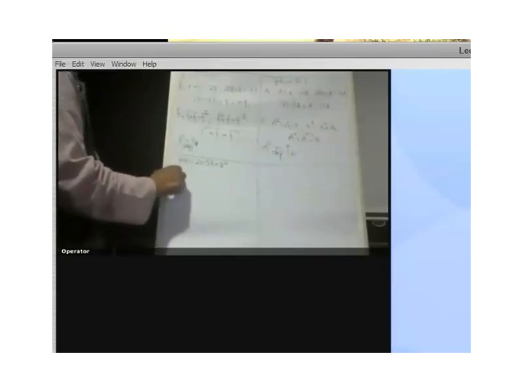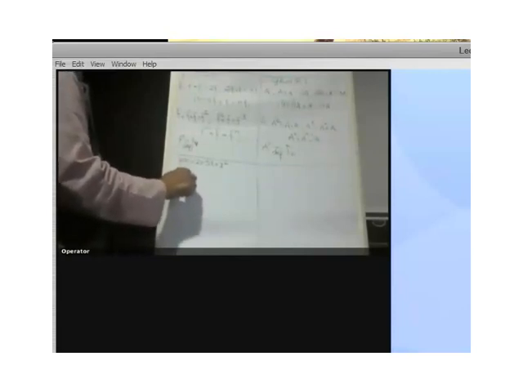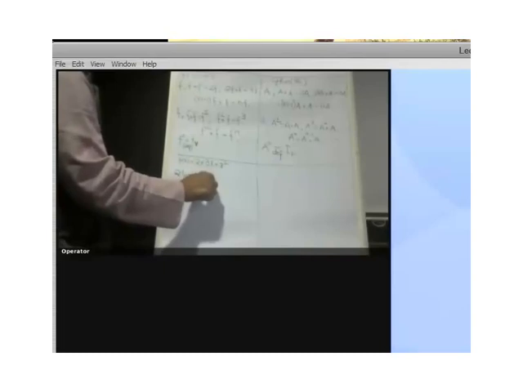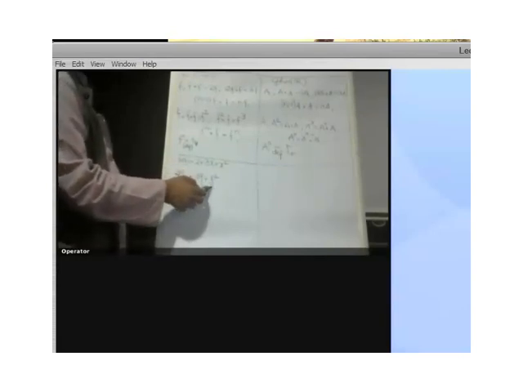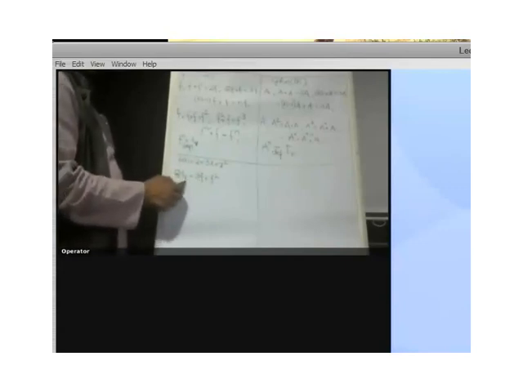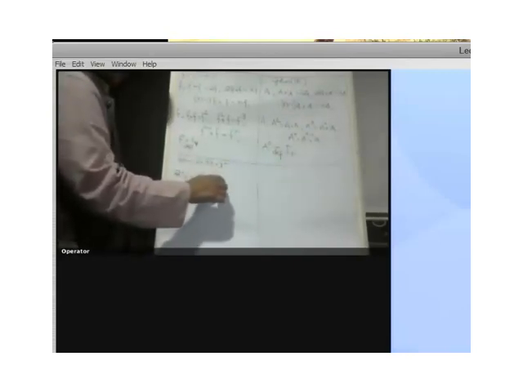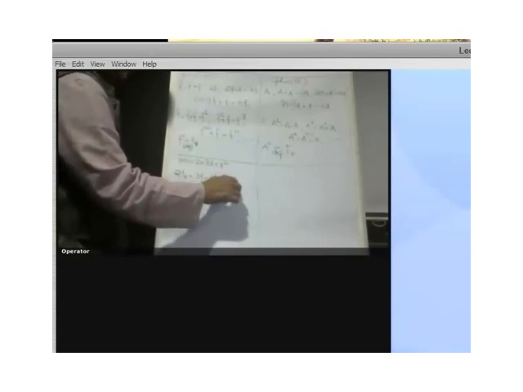We can think of 2 times the identity plus 3 times f plus f squared. This is again a linear transformation, which I will write as P of F.